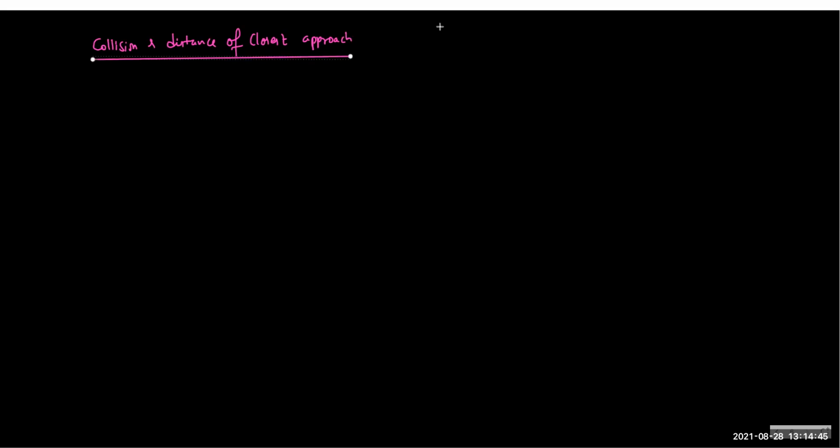So let's try to understand that if we have two random particles moving in two random directions with two random velocities, like two different velocities. Try to understand this concept. Alpha.